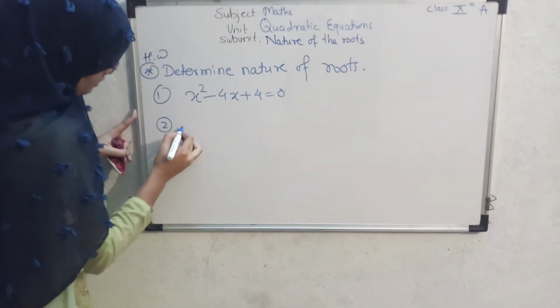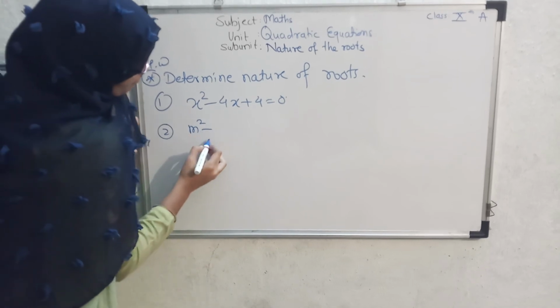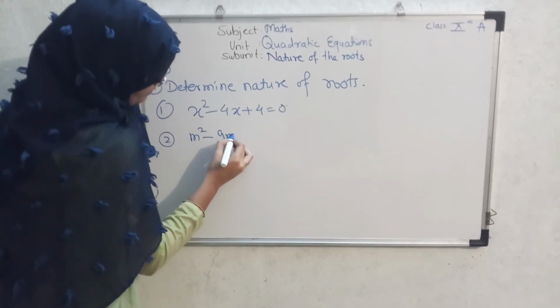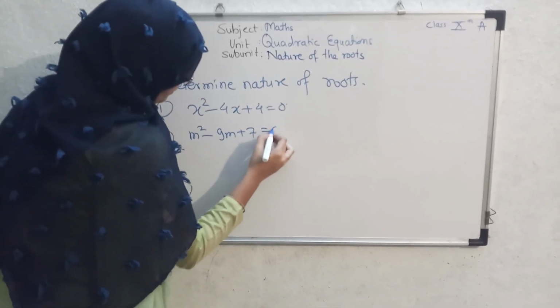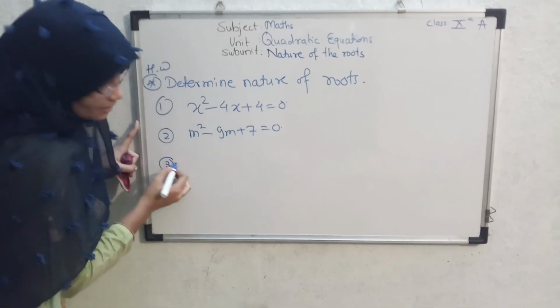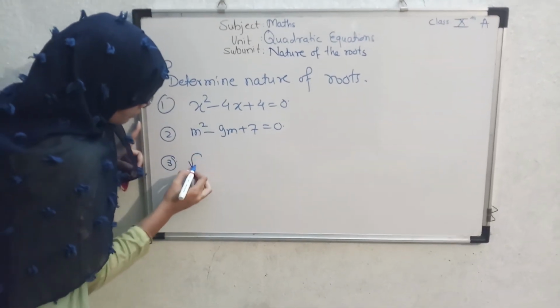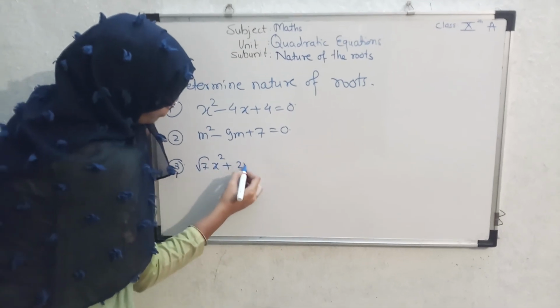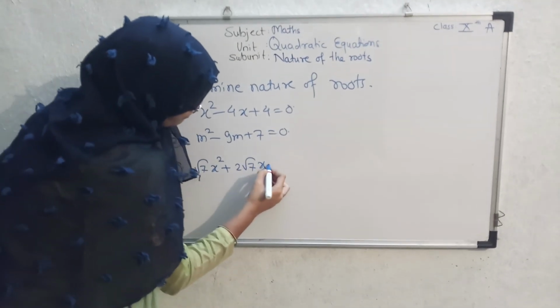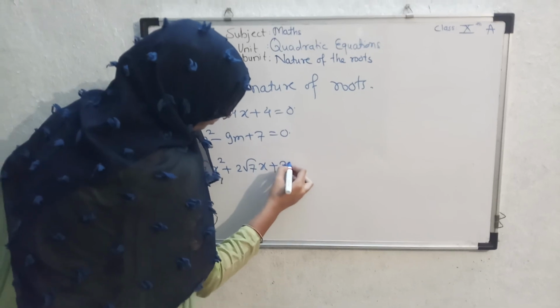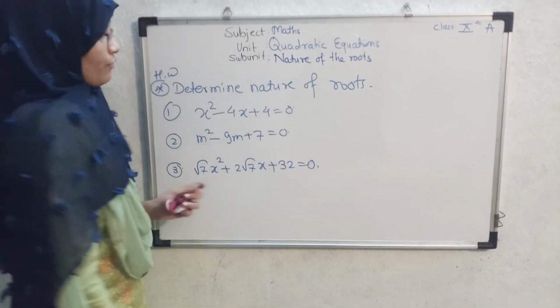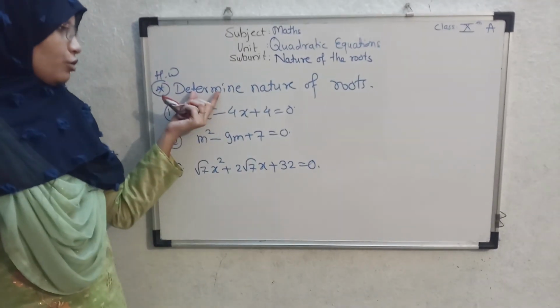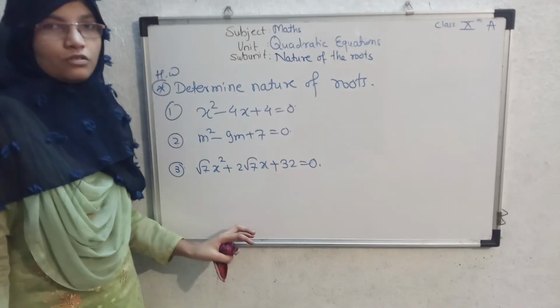Second example is m square minus 9m plus 7 is equal to 0. Third example is root 7 x square plus 2 root 7 x plus 32 is equal to 0. You have to determine the nature of the roots. Okay.